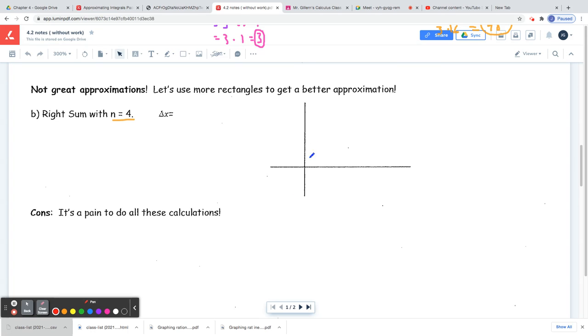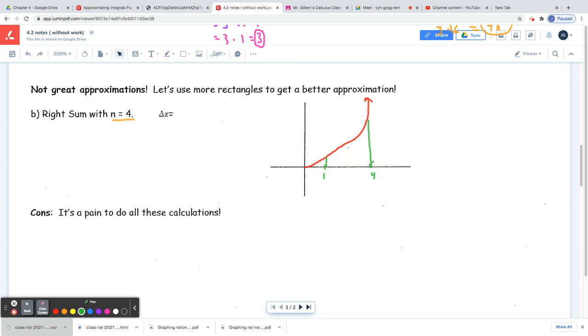So let's just draw. It's the same picture, same situation. It's y equals x squared, from 1 to 4.